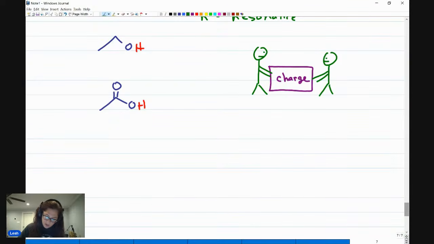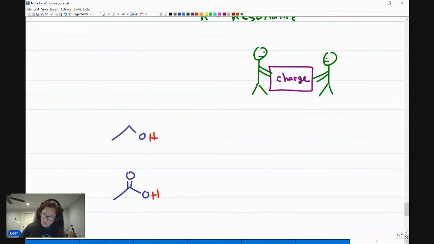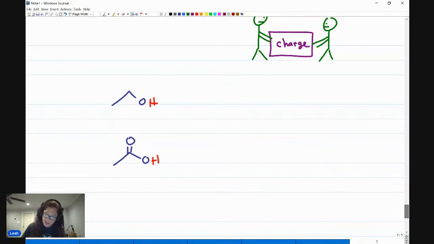So let's go back to the rule I said before: if you cannot tell what's going on from the reactant, deprotonate and look at the product. If I deprotonate the first one, minus H+, what I'm left with is an oxygen with that extra lone pair and a negative charge.